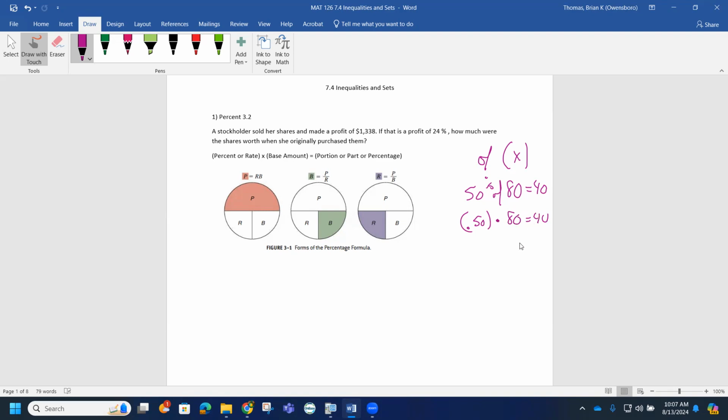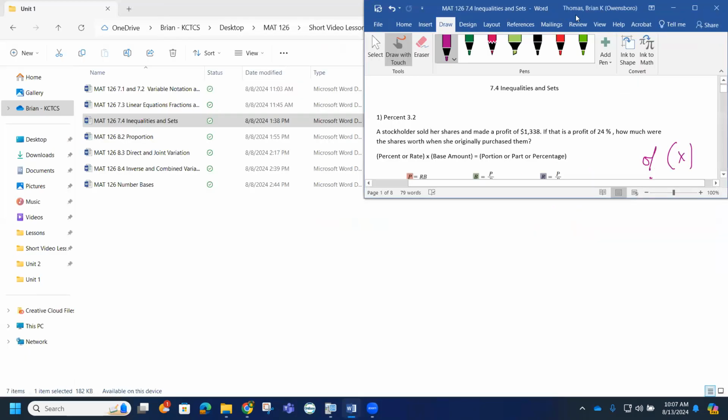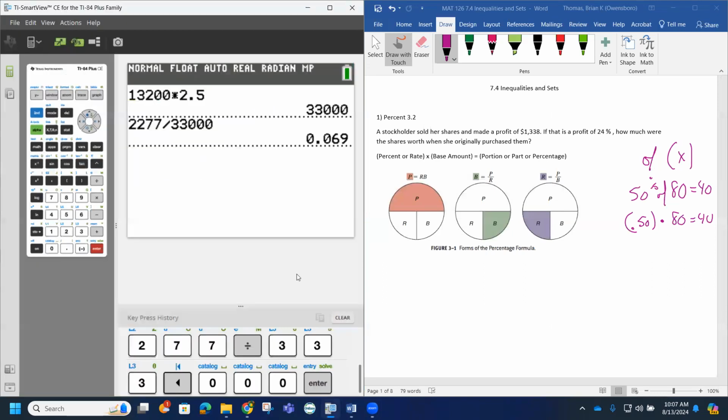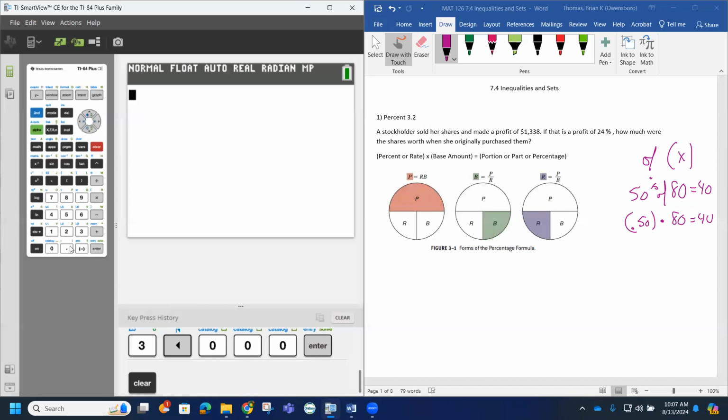So notice if I use a calculator to do this problem, we don't really need one, but we'll just do it here for the sake of doing it. 0.50 times 80 should give me 40.